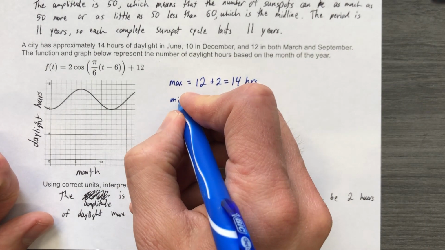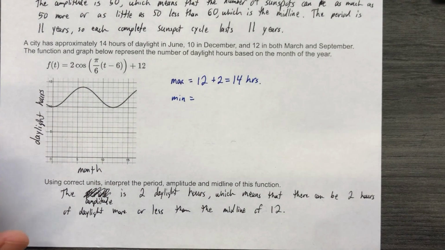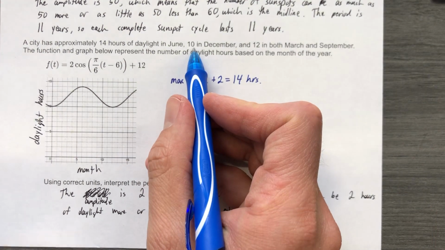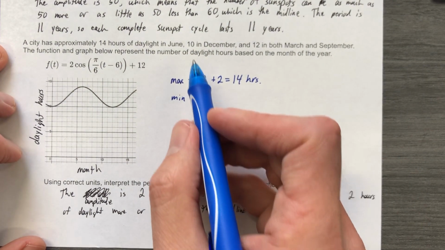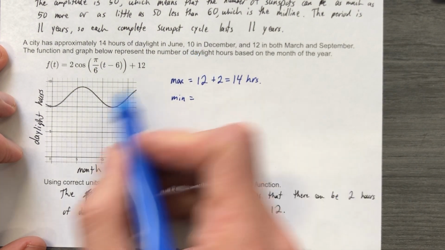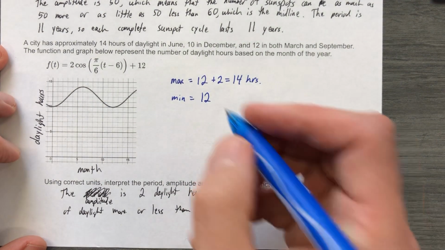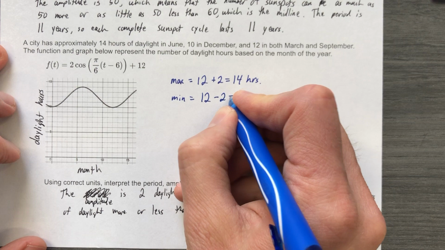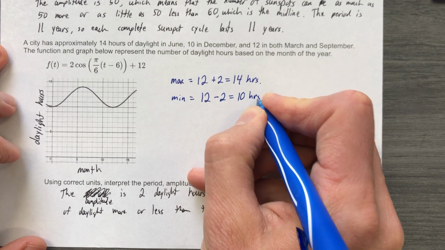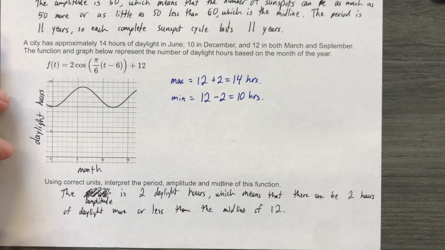Your minimum, and all this can happen in your head, but I just want to give you a visual for it. So the minimum, even though I know it's 10, they told me it's 10. Well, they didn't say this was the minimum, but we can tell from the graph. The average, the midline, vertical shift is 12, but we can have 2 less than that, so 10 hours. So if they ever ask for a maximum and minimum, that's a good way of getting it.